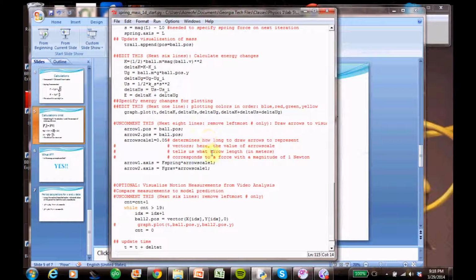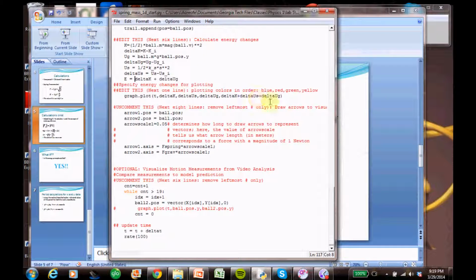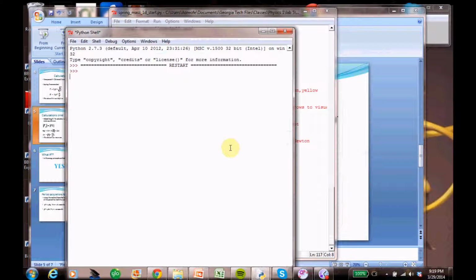Using the energy principle equation shown earlier, where delta E equals the change in kinetic energy plus the change in the potential energy of gravity and the change in potential energy of the spring, I found E and then graphed all these values, as shown when I run the code.